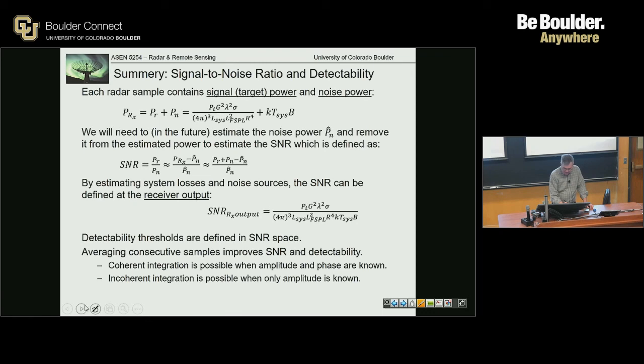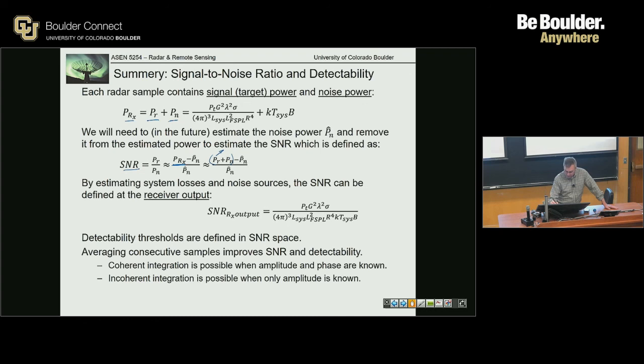Exactly. So the big concept idea is that there's the power of the target, and the noise, received by the receiver. We're going to have this measured power return, and we're going to estimate the noise power, and that's going to be our signal to noise. So if the target power is so great, like in our simulation, there was 27 dB between PR and PN, taking a little bit of noise power away didn't matter.